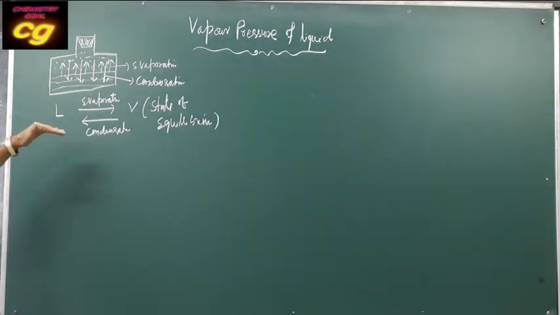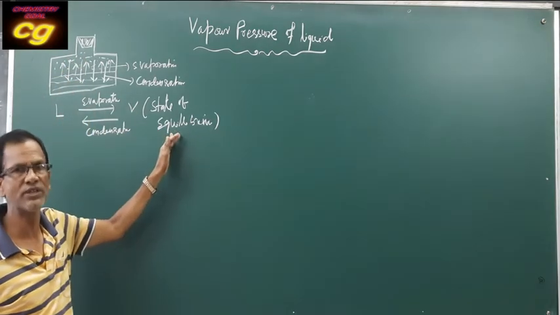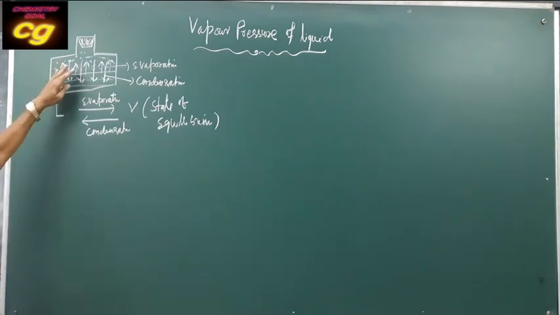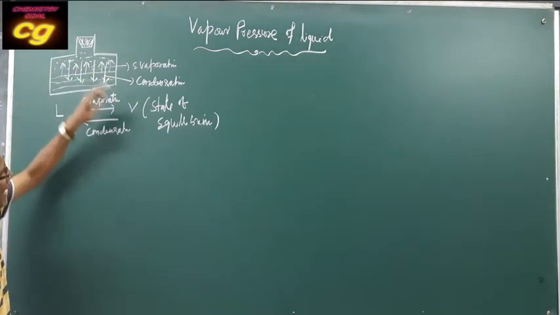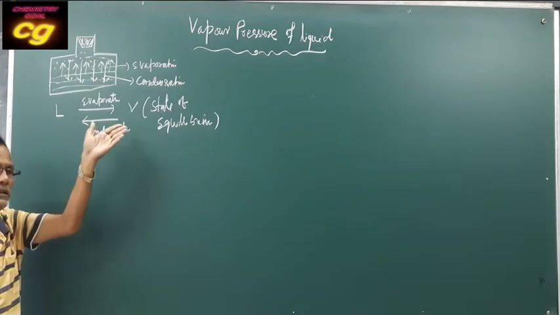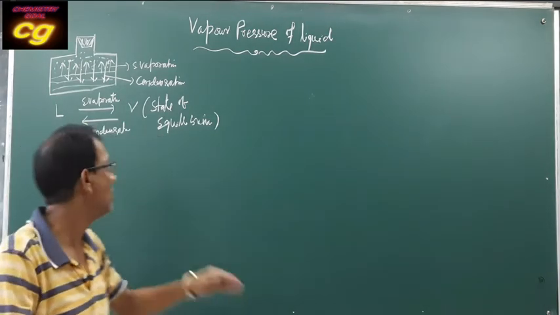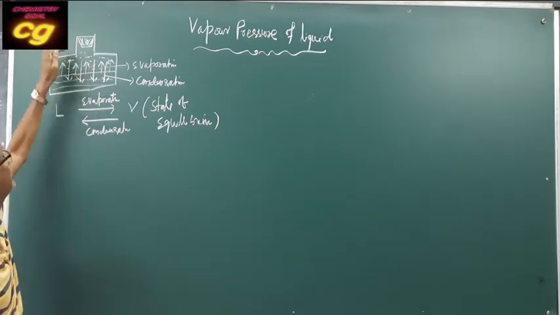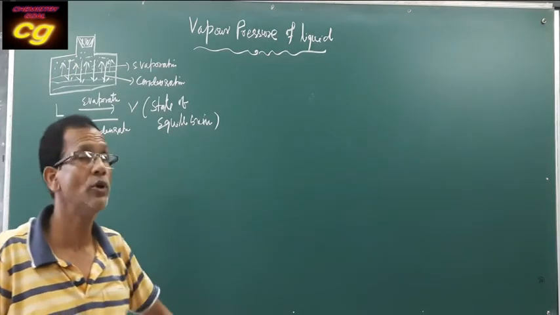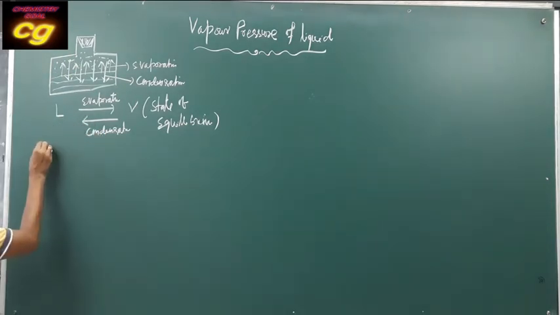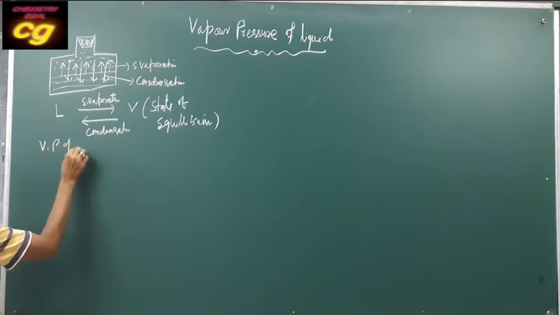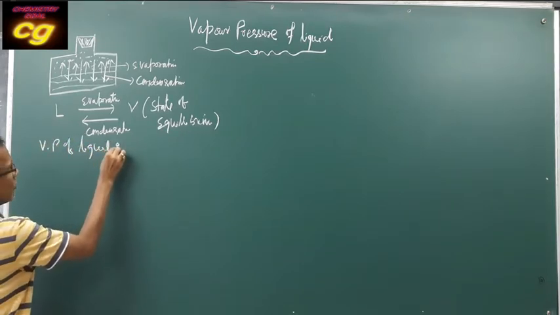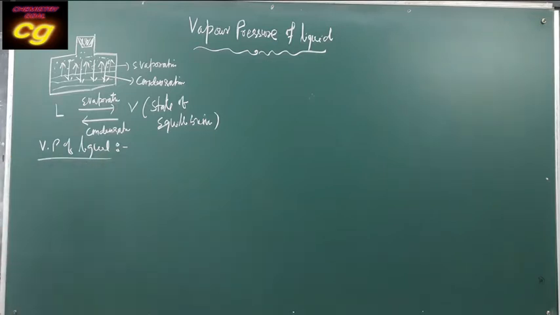At this condition, when you measure the pressure of the vapor of the liquid at the equilibrium state, this pressure is called the vapor pressure of the liquid, not initially. When equilibrium is achieved, the pressure of the vapor at this temperature is called vapor pressure of liquid. So what is vapor pressure of liquid?